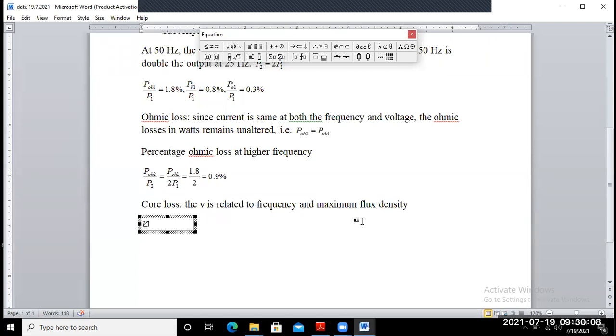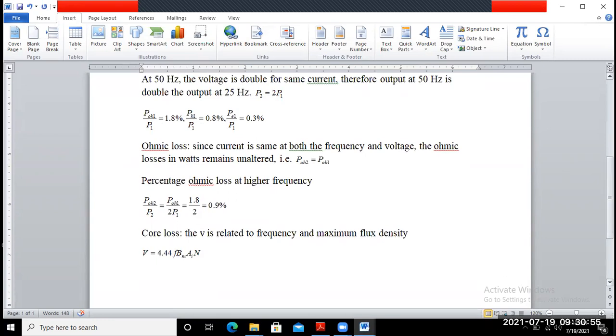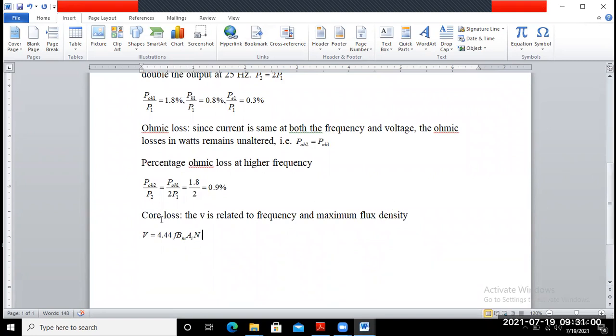So we can write voltage V equal to 4.44 f Bm A N. We can write this equation for different frequency and voltage levels. Suppose 11 kilovolt at 25 hertz is represented by suffix 1, so you write V1, f1 and Bm1.